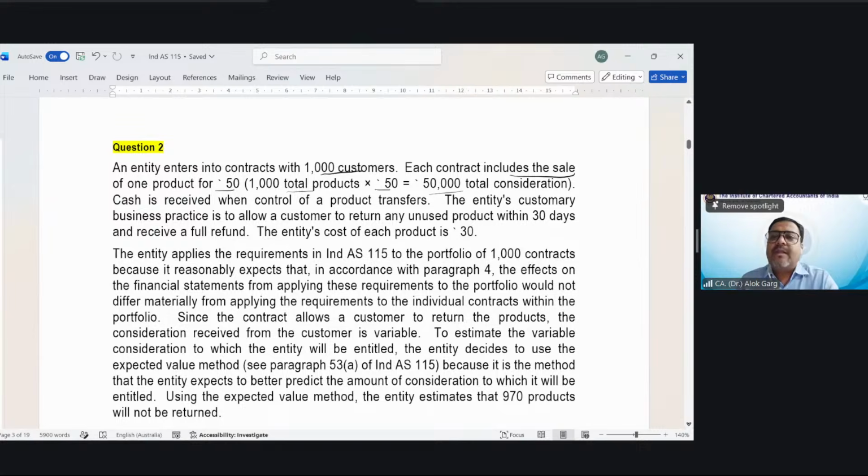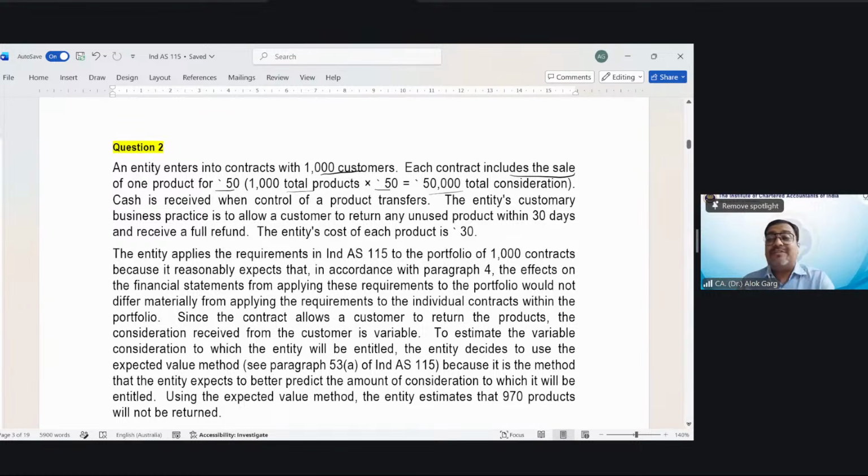Okay. The entity's customary business practice is to allow a customer to return any unused product within 30 days and receive a full refund. The entity's cost of each product is rupees 30.